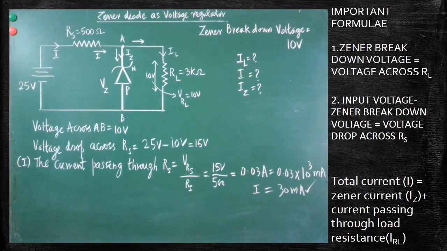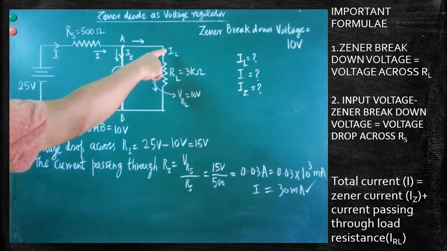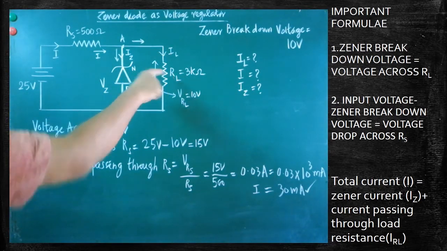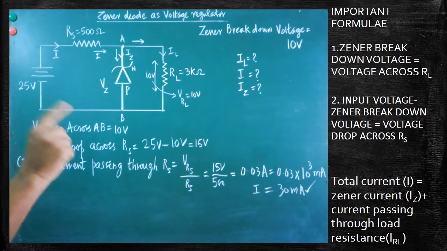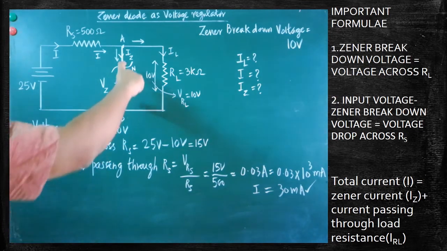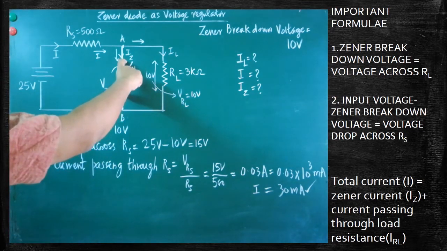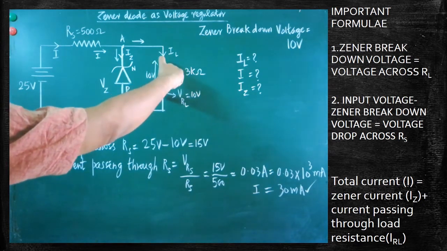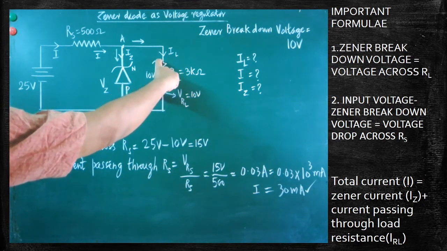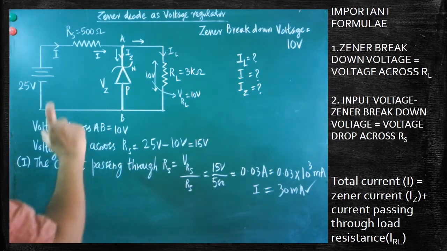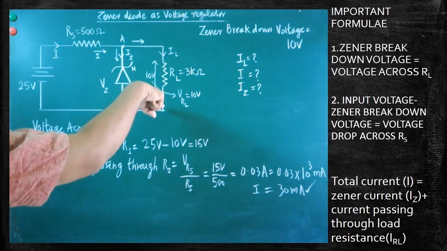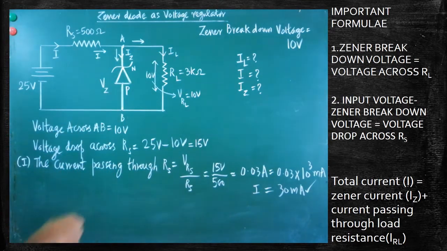Now we are going to calculate the current passing through the load resistance. How will you calculate? The same Ohm's law is to be used. Already I have told, if the Zener breakdown voltage is 10 volt, the voltage across RL will also be 10 volt, because both are connected in parallel. Now with the help of Ohm's law, we can find out the current passing through the load resistance.